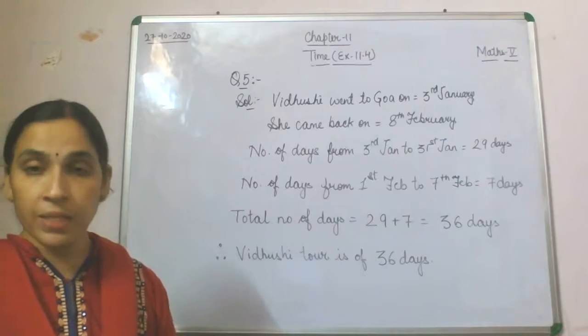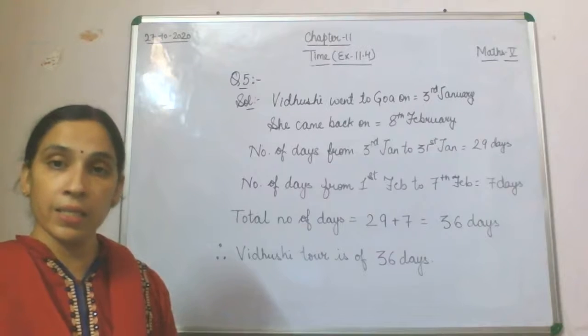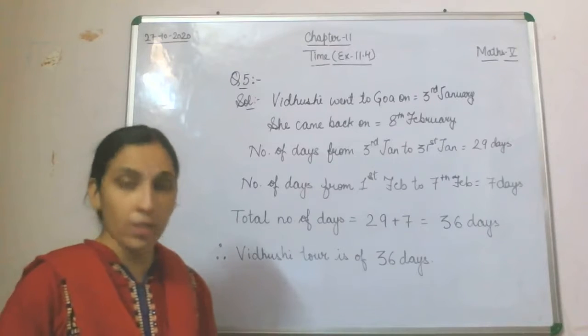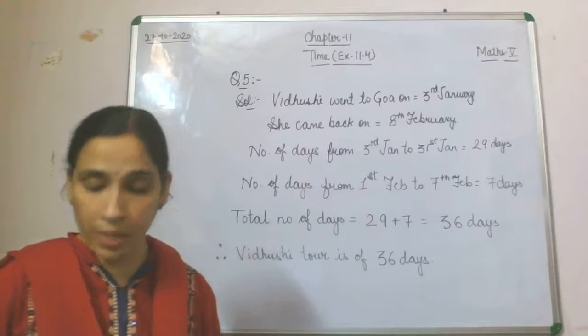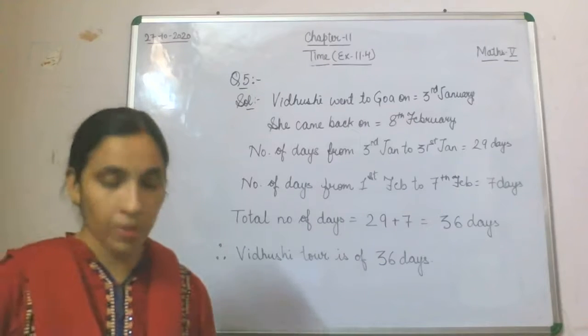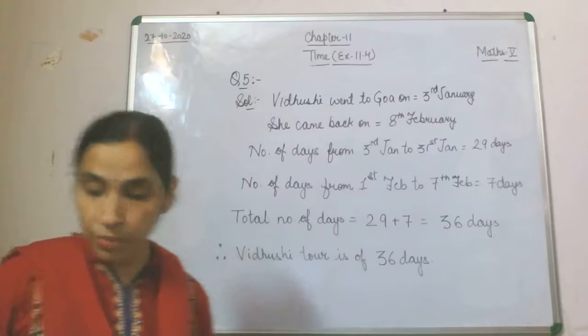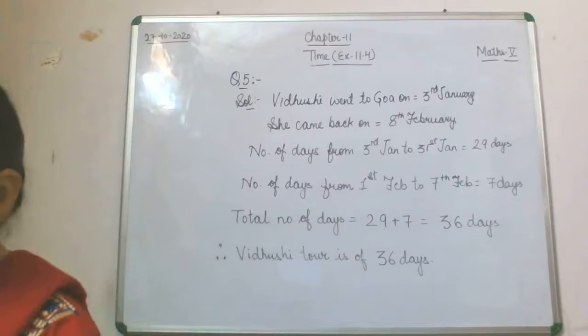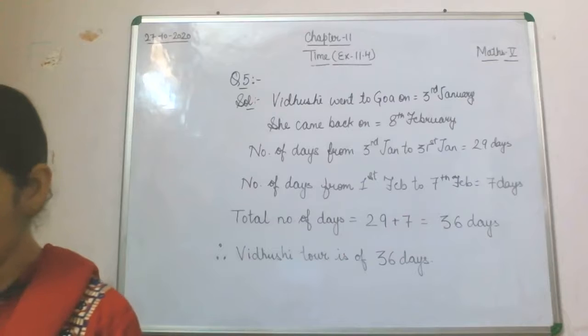So children, the basic idea is that you find the number of days of that particular month separately, and the number of days of the other month separately.